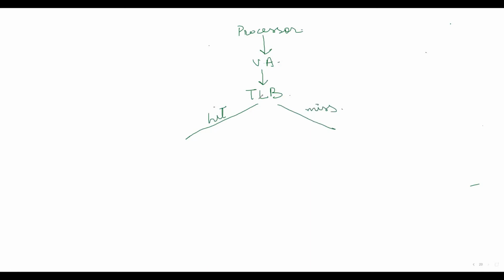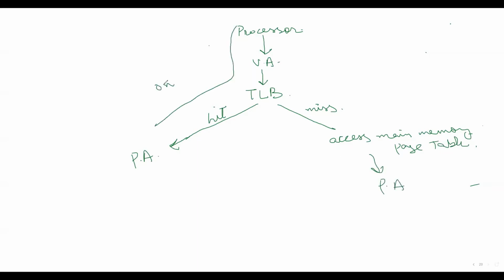Hit means that I am able to find that portion of the page table, which contains this virtual address, in the TLB. So if there is a hit, I can get the physical address in the TLB itself. However, if there is a miss, then I have to access the main memory page table, and then we will get the physical address. So this part takes only a fraction of a second.